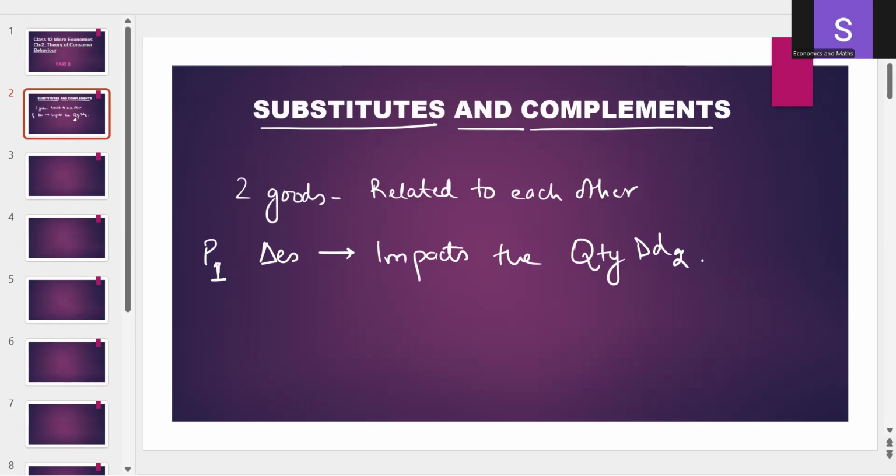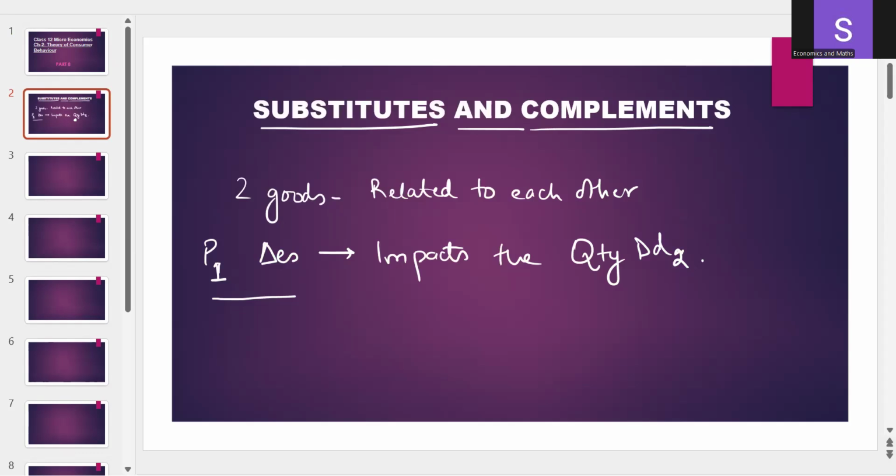So there are two scenarios over here. One scenario is, I'll just take the example first and then we can categorize them. Let's say tea and coffee.